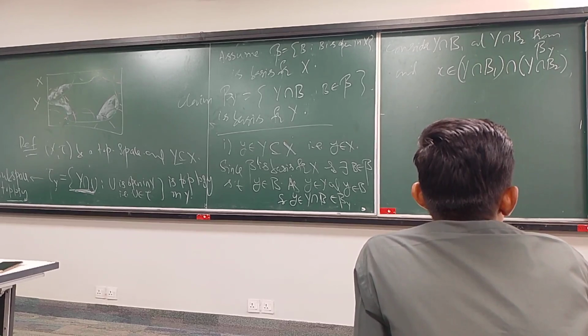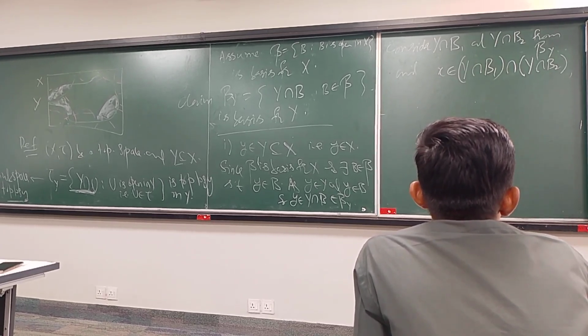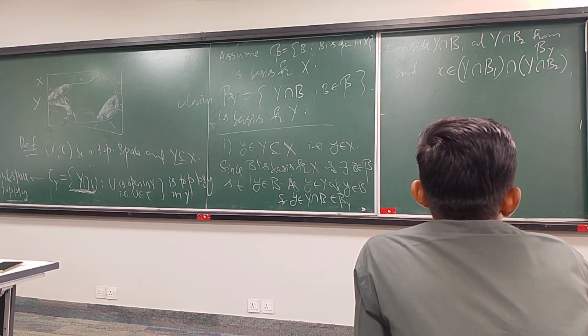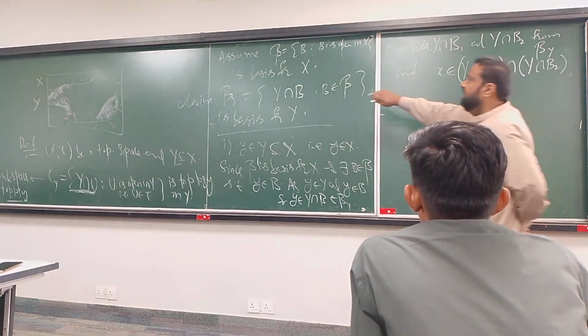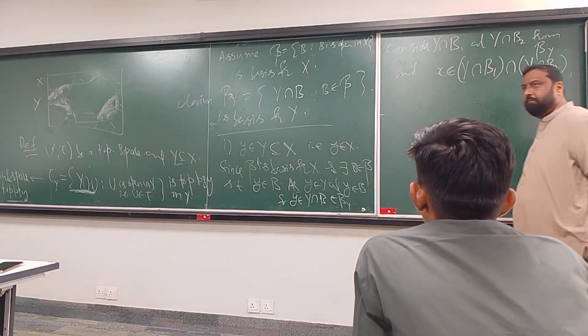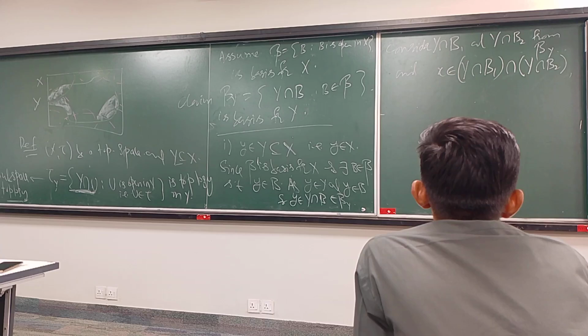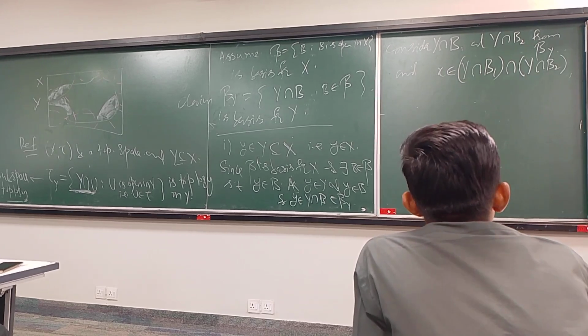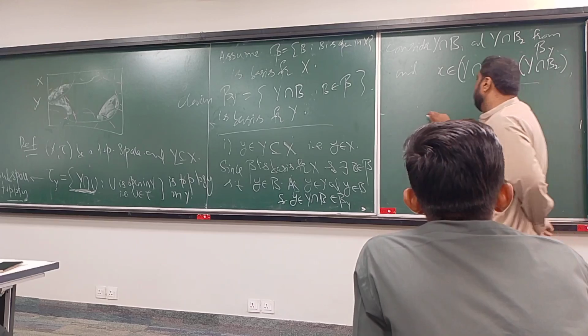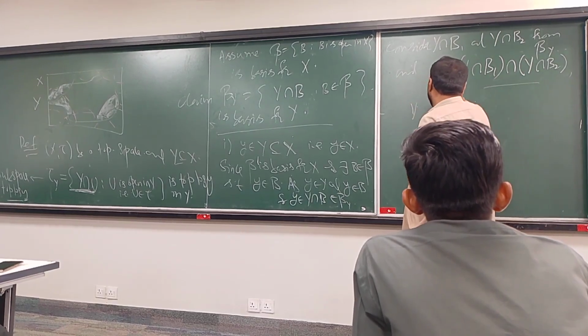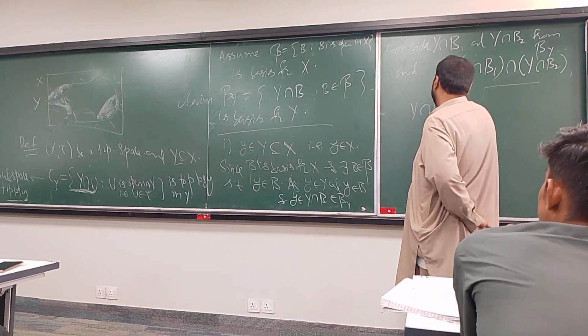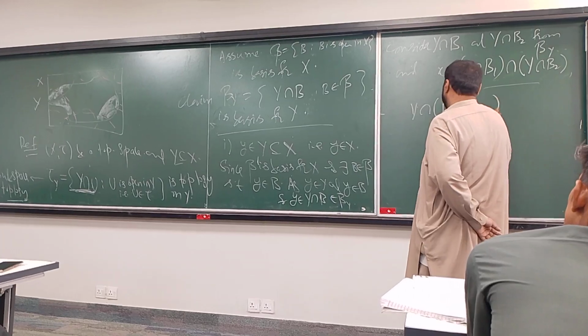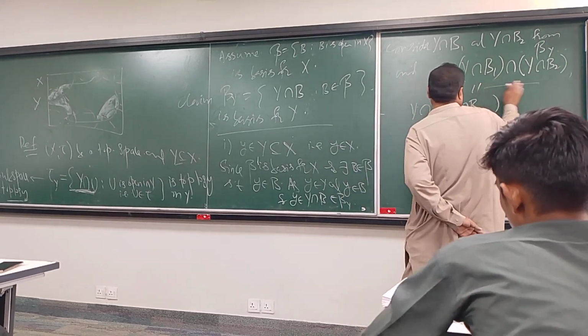Where do I find that? B1 intersection B2 will be open, it will be a subset here. Which property do we use? Associativity: Y is common, so in other words I can write Y intersection B1 intersection Y intersection B2 as Y intersection B1 intersection B2, which is equal to this.